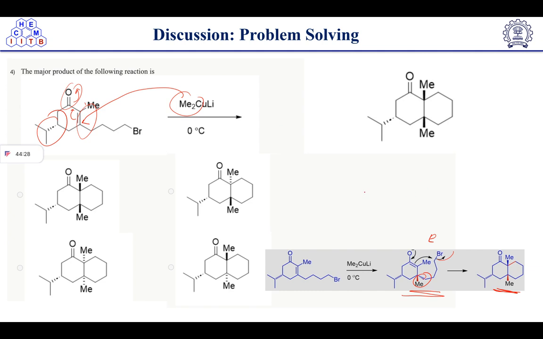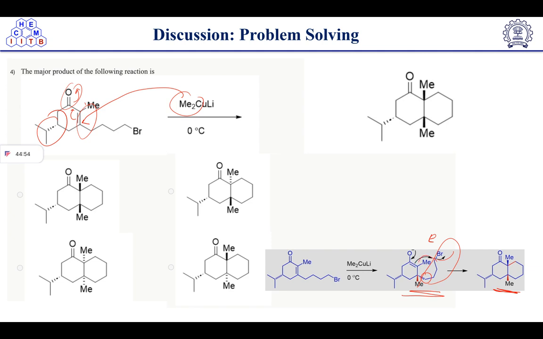But because you can see here this bulky group is on the backside, right? Backside is hindered, so it will prefer to attack from the front. This methyl group is on the front side, but this group is on the back side, correct? Back side means this whole chain is on the backside, so backside approach is preferable.